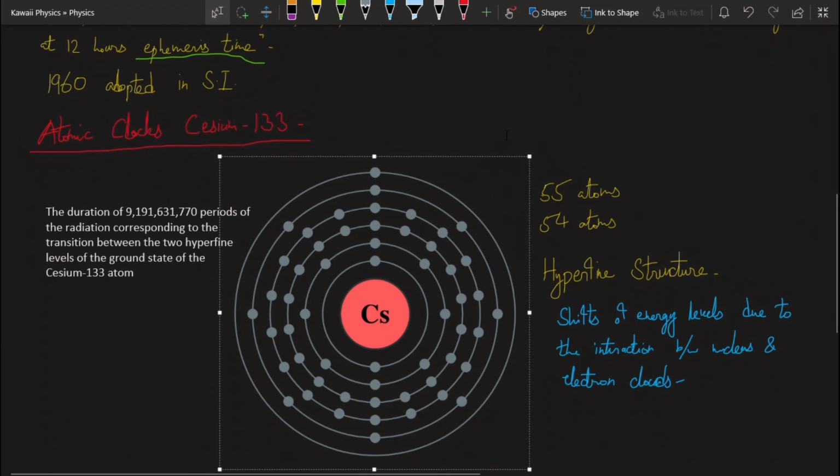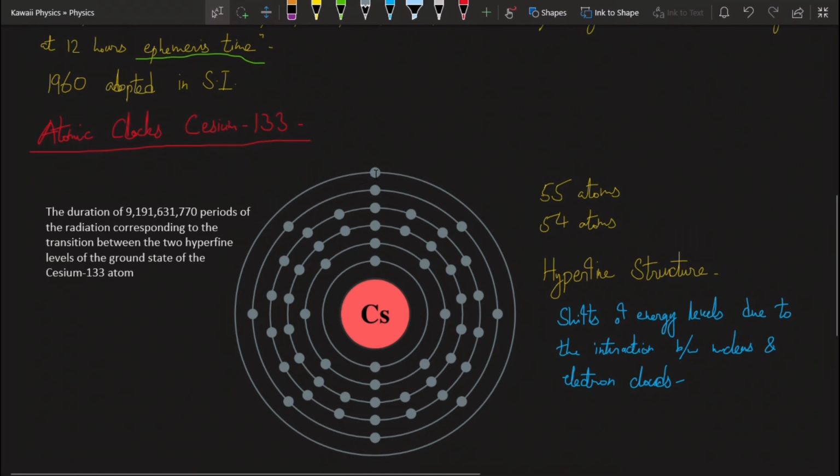Now when we are talking about shifts of energy levels, these are really tiny energy levels. It's talking about the ground state, which means it's in the lowest possible energy state, its natural state.